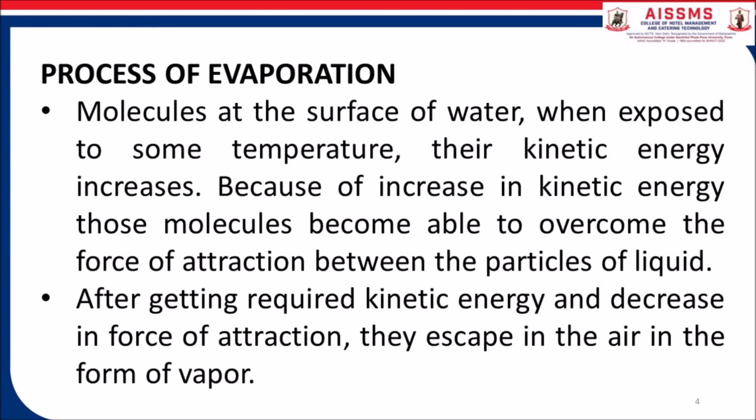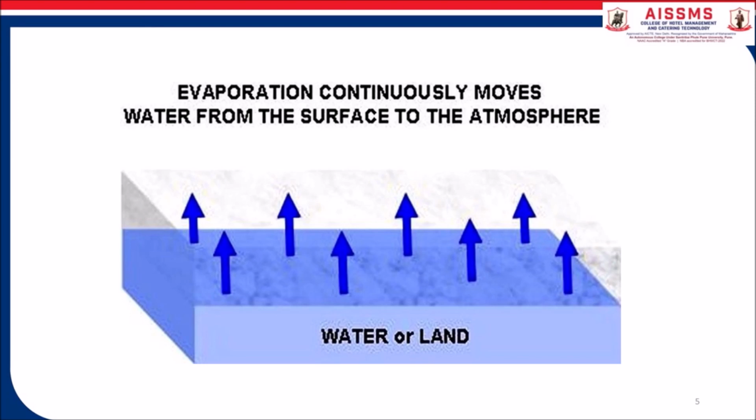Because of the increase in the kinetic energy, those molecules are able to overcome the force of attraction between the particles of liquid, especially water. After getting the required kinetic energy and a decrease in the force of attraction, they escape into the air in the form of a vapor, and that is the process of evaporation in the diagrammatic form.